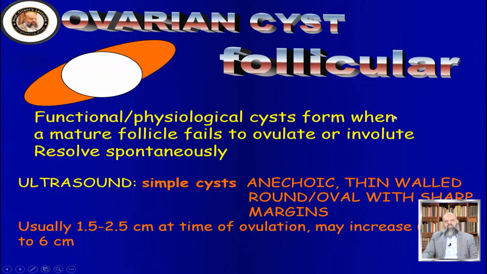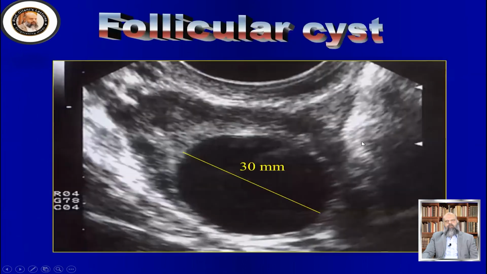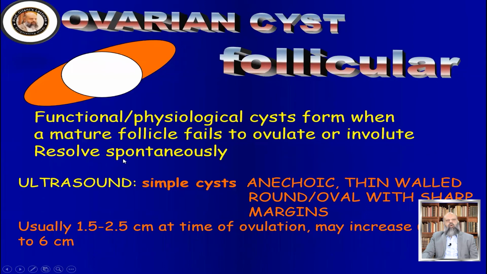The ovarian cyst, or follicular cyst, is a functional physiological cyst formed when a mature follicle fails to ovulate or involute, and resolves spontaneously.